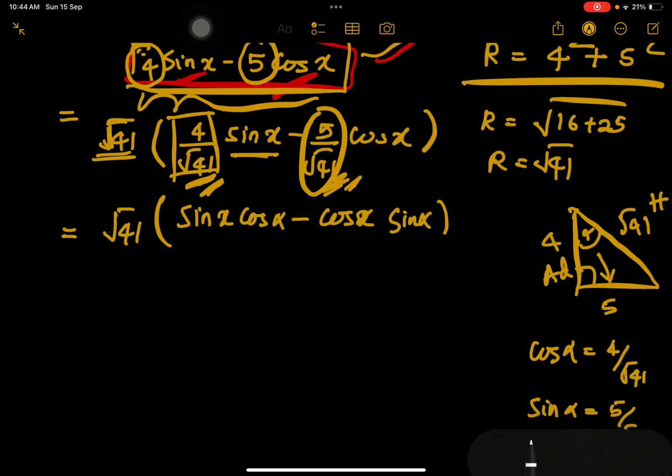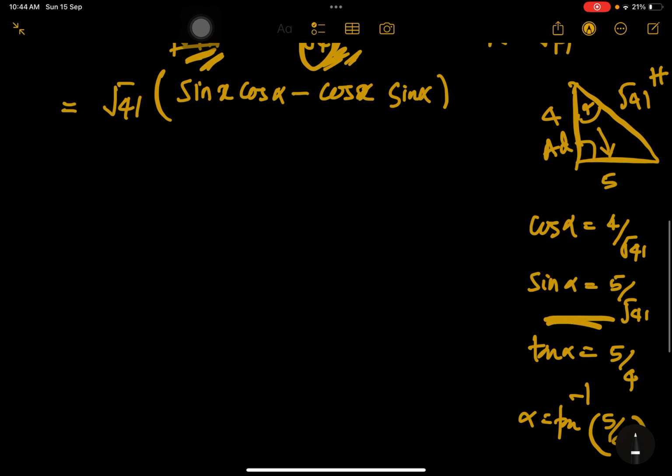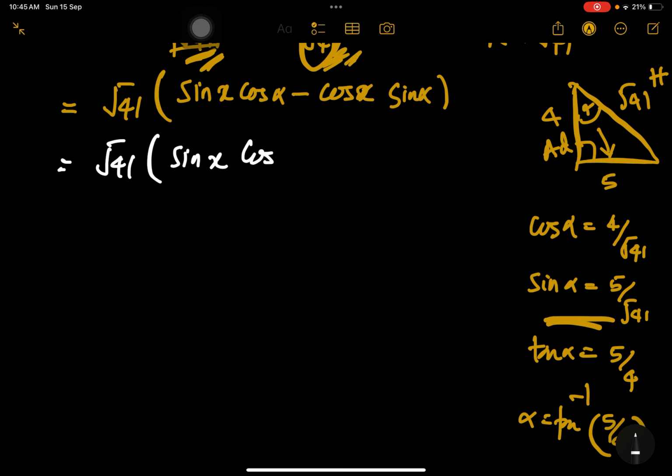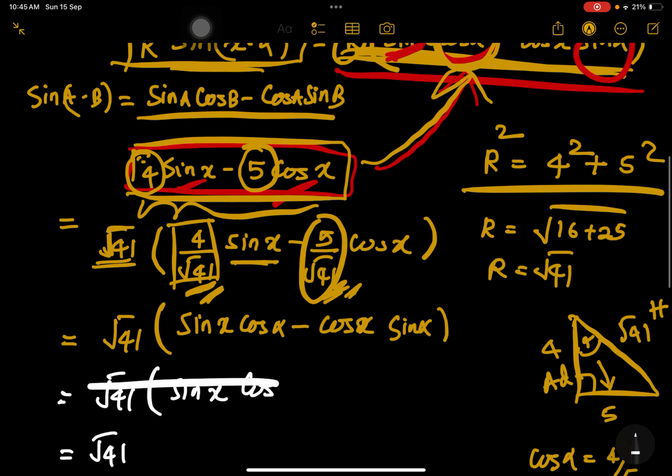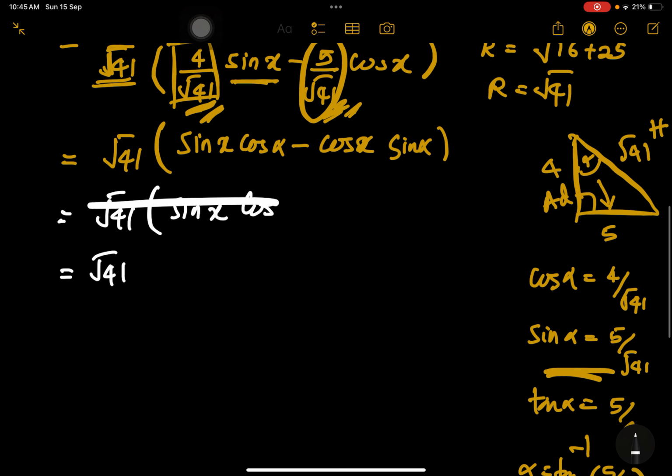So you can write it as root of 41 sin(x minus alpha), where you have to calculate alpha.